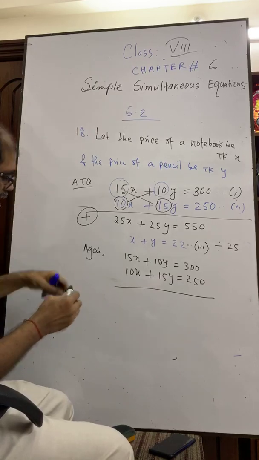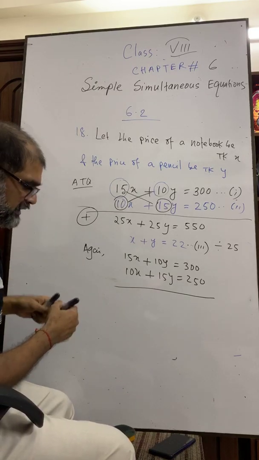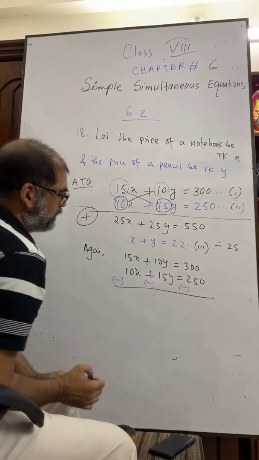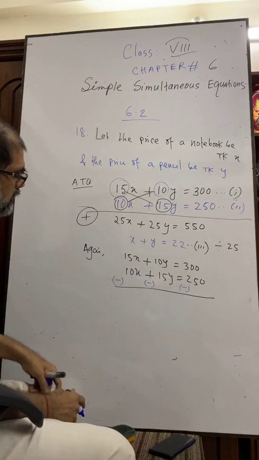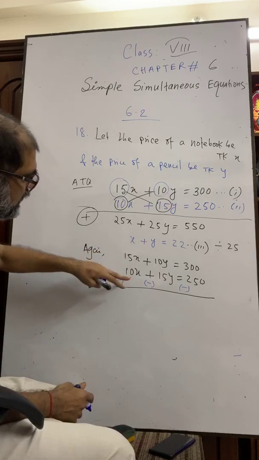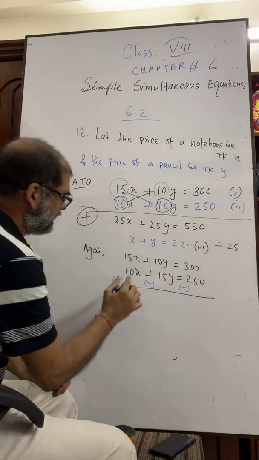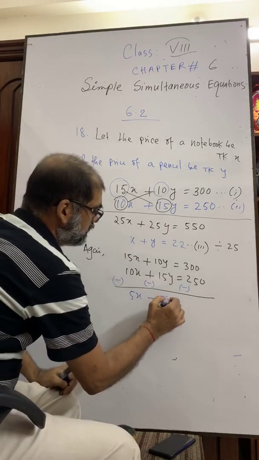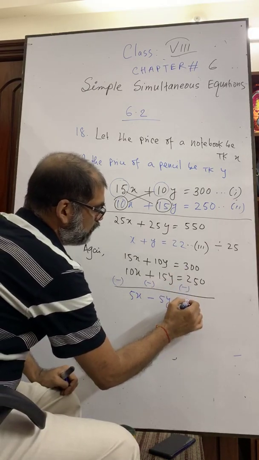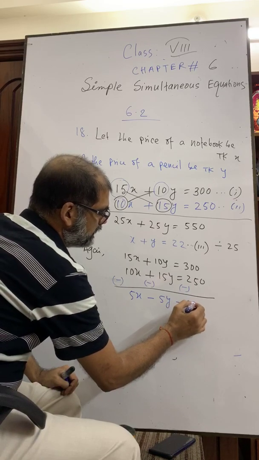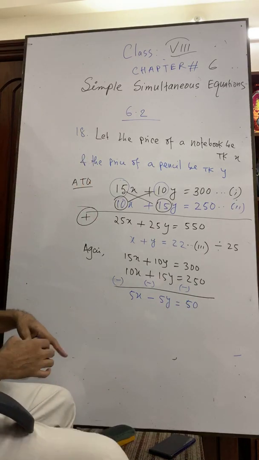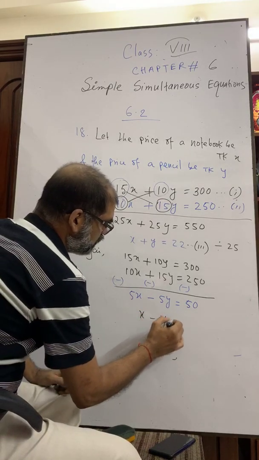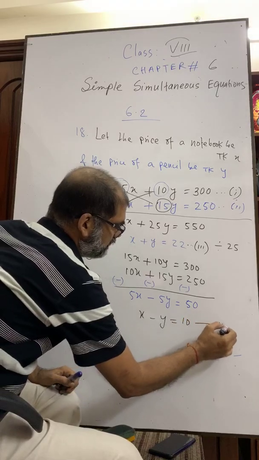If we subtract the second equation from the first equation, we will be left like this: 15x take away 10x, that means 5x, minus 5y equals 50. Now if we divide by 5, we will be left with x minus y equals 10. This is equation 4.